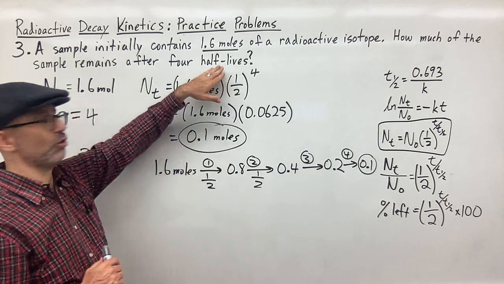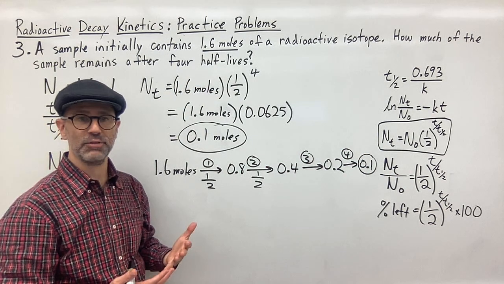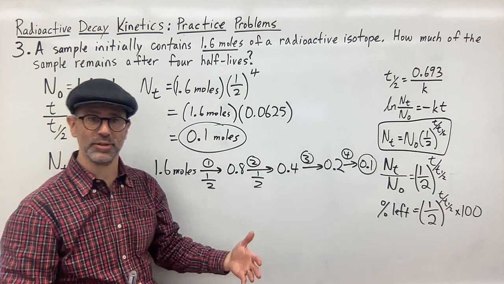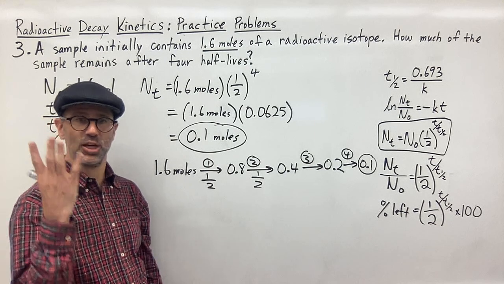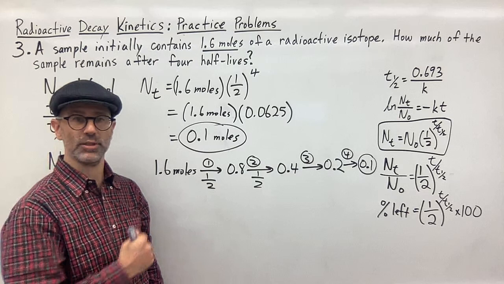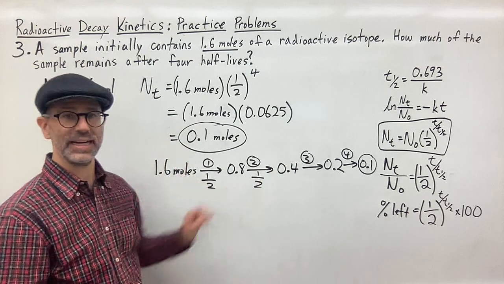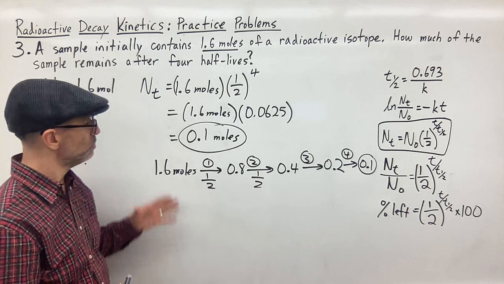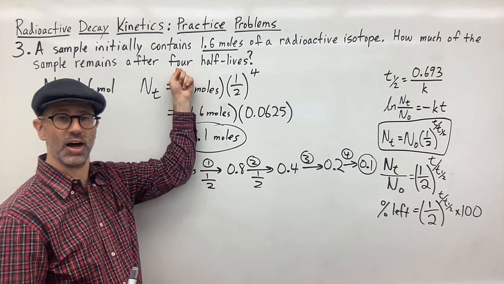So I didn't need to use the equation. All I needed to use was the fact that I have 4 half-lives. I know a half-life is the time it takes for half of it to disappear. So if I'm going through 4 half-lives, it's going to be cut in half 4 times. That is a second way you can do it. This only works if you have a whole number of half-lives.